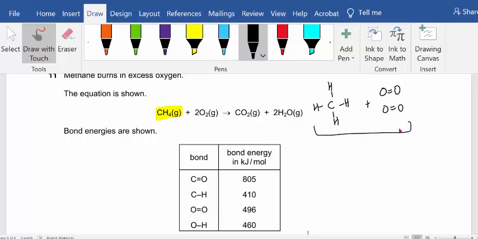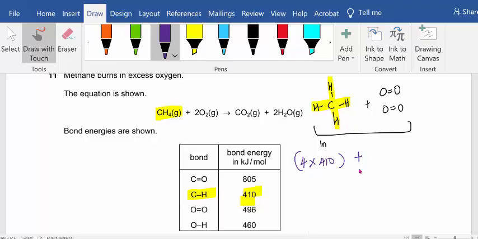Okay, so this is energy in, energy absorbed to break bonds, right? This is a C-H bond. How many C-H bonds do you see? 1, 2, 3, 4. Every single C-H bond is 410. These numbers, no need to memorize. So 4 times 410 is to break these bonds.